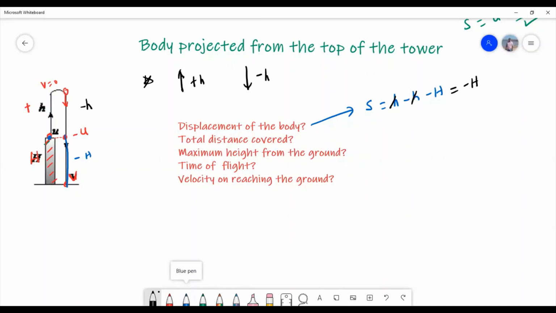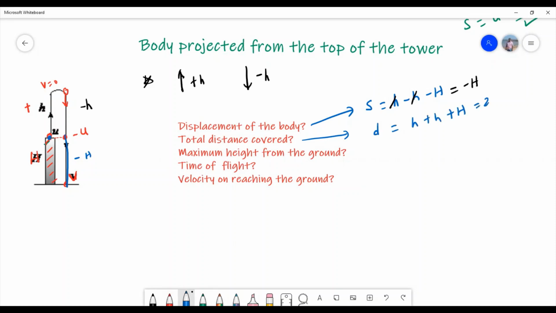Suppose they ask for the total distance covered by the body. Distance is a scalar, so simply we can write distance is equal to H plus H plus h.